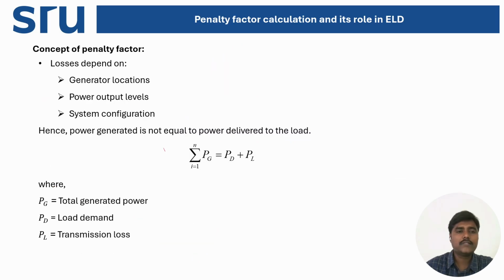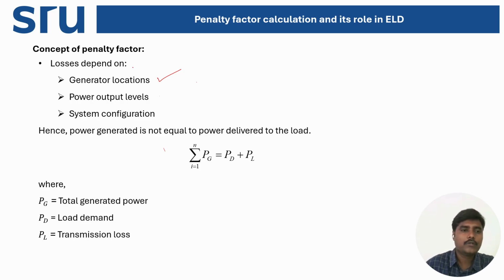So basically the losses depend on generator locations, whether the generator is located very near to the load or very far from the load. If the generator is located very near to the load, then obviously the loss is very less. If the generator is located very far away from the loads, then the length of the transmission line required is more, and the transmission loss also will increase.